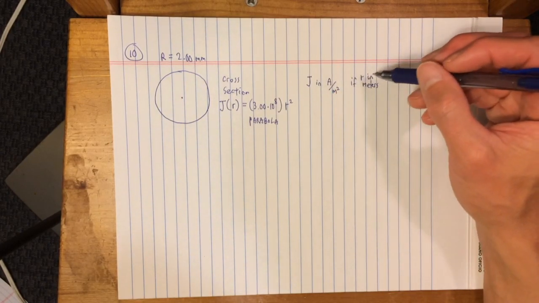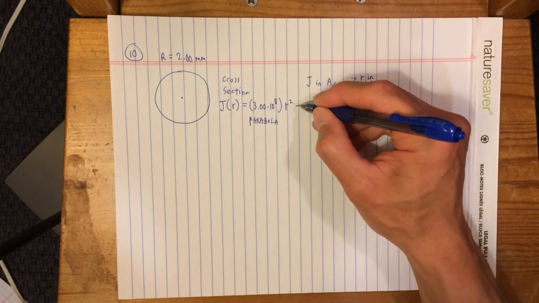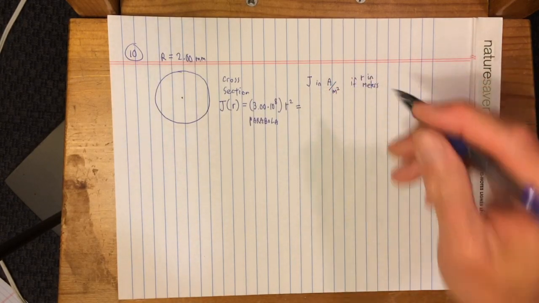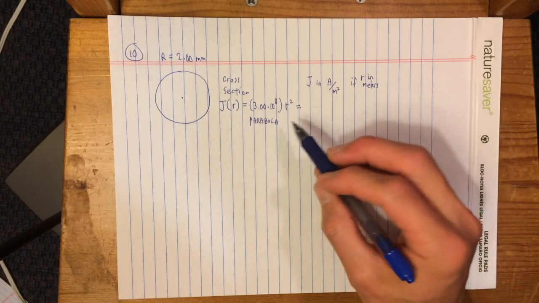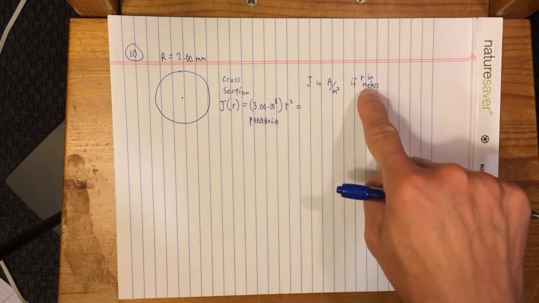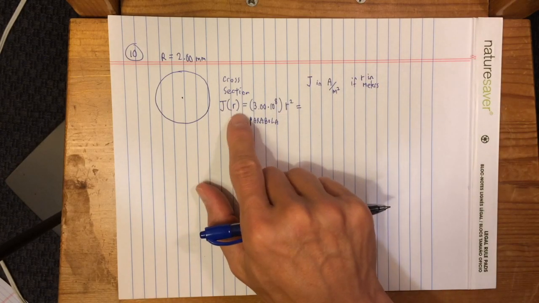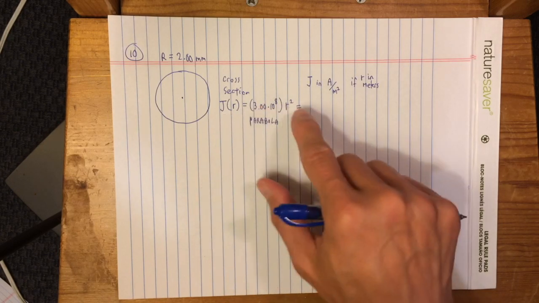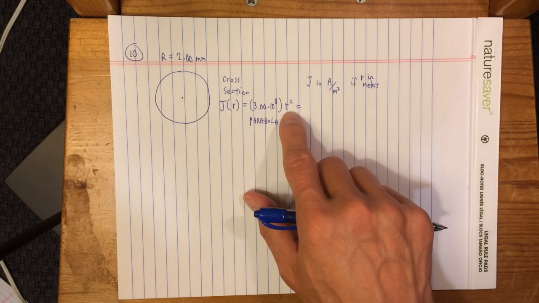So there's J. What I like to do, and I wish the book did this, but of course it doesn't because it puts too much writing in their problems, is put these units in here. I know that this is going to be amps per meter squared if I put meters in as the unit for r.